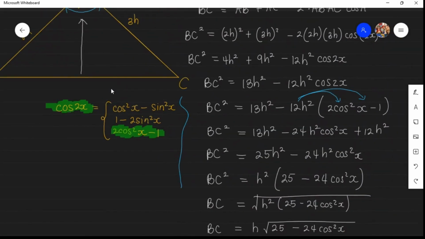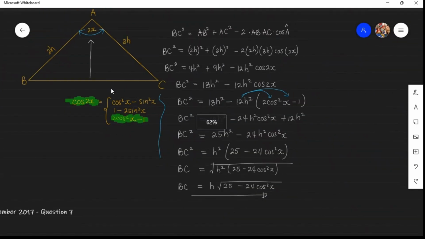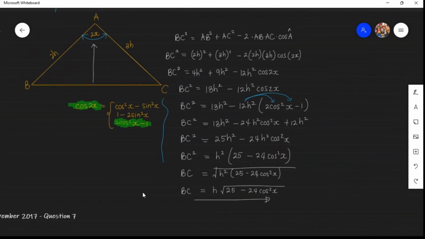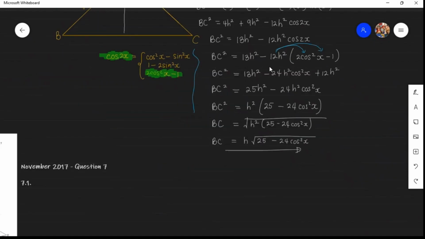So we've done it. All we needed to do was use our cosine rule, whereby we substituted the values that are next to the angle and the angle itself into our formula in order to solve for BC in terms of h. Now, let us move on to the next question.